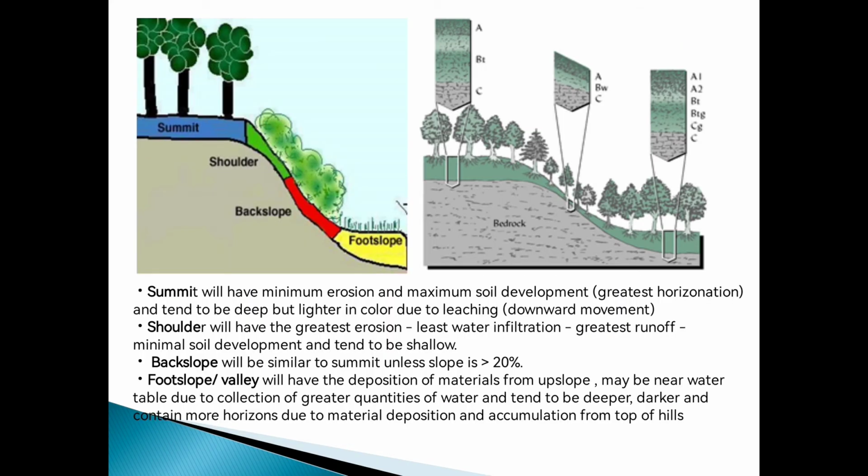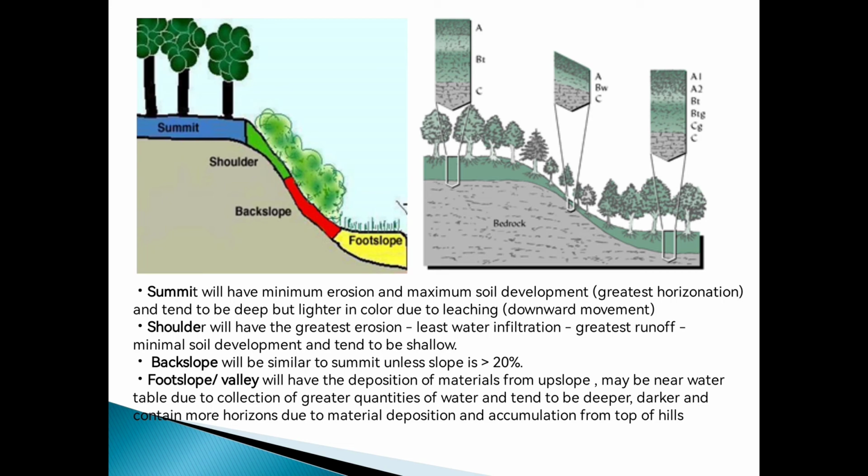So, here, it's the same, no? So, titingnan natin to. We have the summit. Summit is pinakataas na part ng bundok, when we have a hill or a sloping area. Then, we have the shoulder. Shoulder ang tawag kasi nga, it's like our shoulder na meron siyang movement pa downwards. And then we have the back slope.